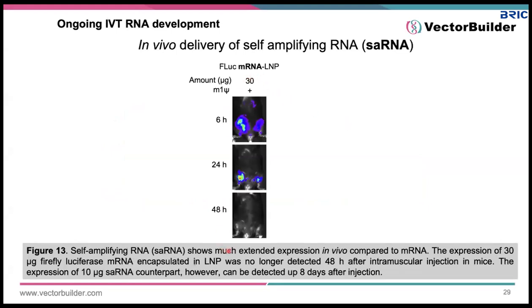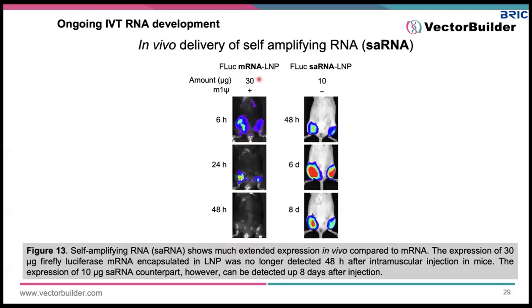So here is a result that we just talked about, injecting mice with mRNA coding firefly luciferase. If we change that firefly luciferase mRNA to saRNA, now you can see that at 48 hours post-injection, there is still a good amount of firefly luciferase expression in vivo, which is absent when the firefly luciferase was delivered as mRNA.